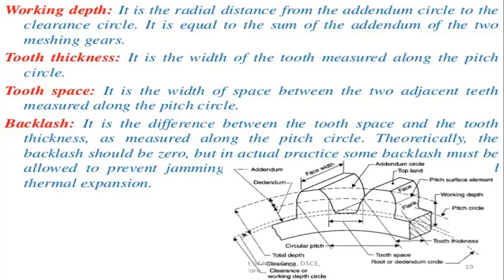And next one is the tooth space. This is the width of the space between two adjacent teeth measured along the pitch circle.